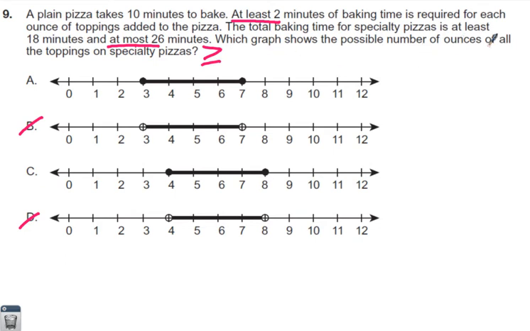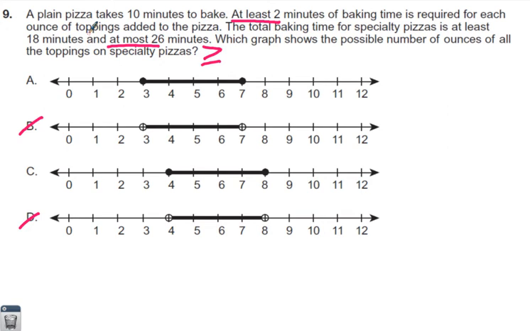Which graph shows the possible number of ounces of all the toppings on specialty pizzas? Alright, here's what we're going to do. We're going to subtract 10 minutes from this low number and this high number. That's just going to leave the toppings, you know what I mean? It takes 10 minutes for the plain pizza to bake.